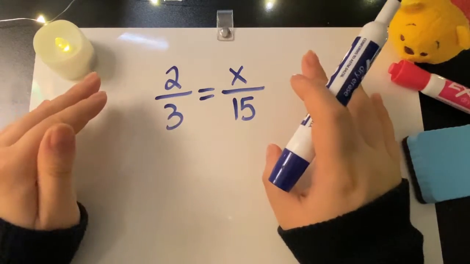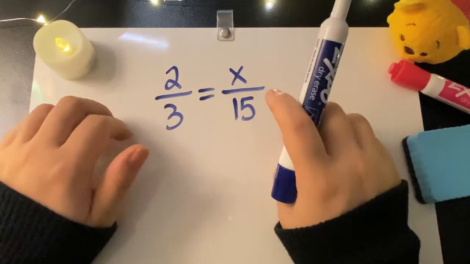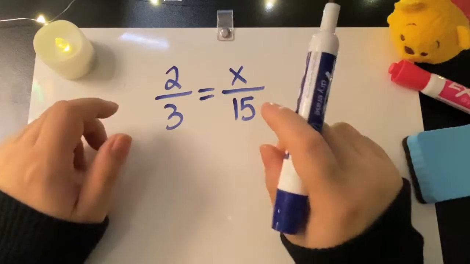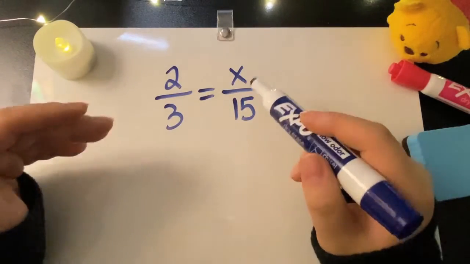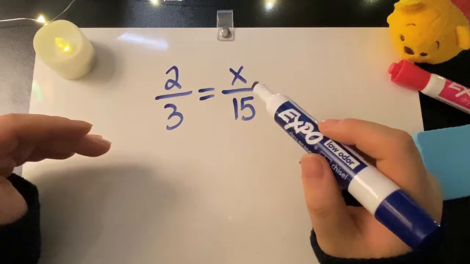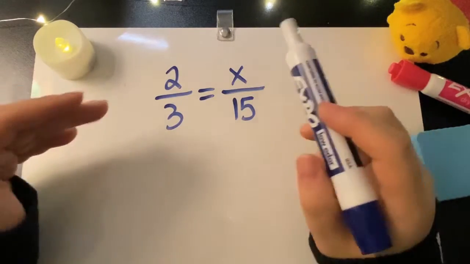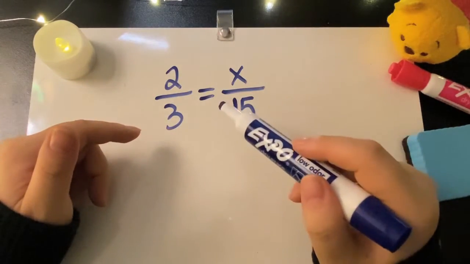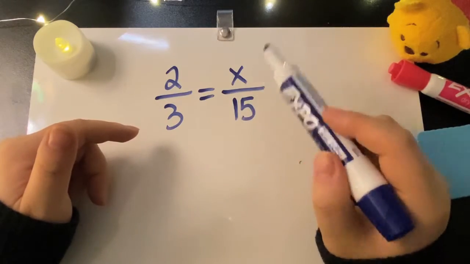If you've never heard of this before, don't worry about it, but I just wanted to mention that so you don't have to jump into cross multiplication just because I said so in the beginning of the video. You can still just go ahead and solve this with one step.